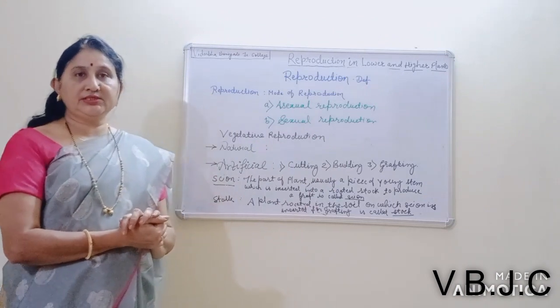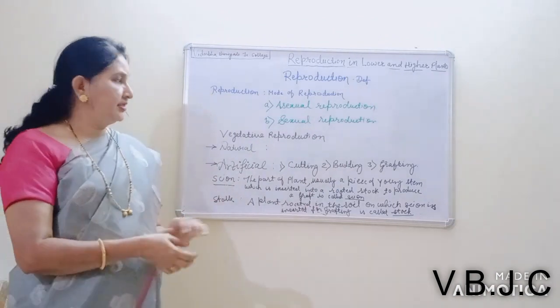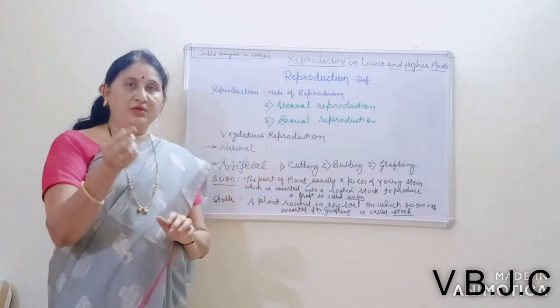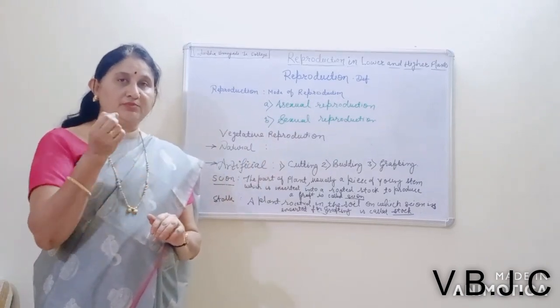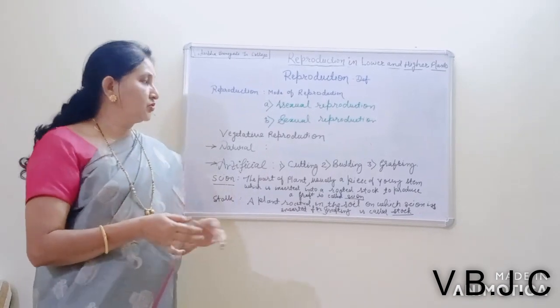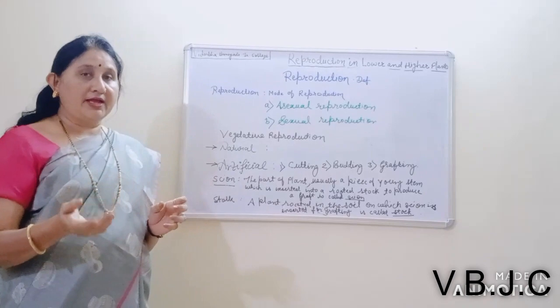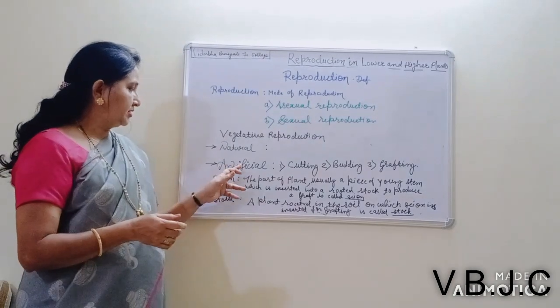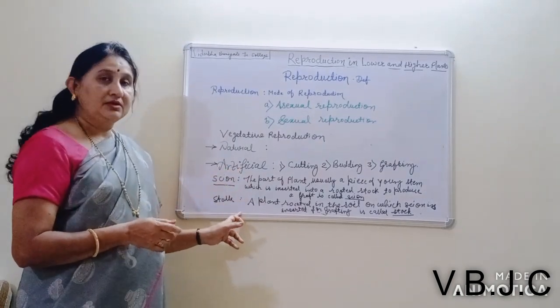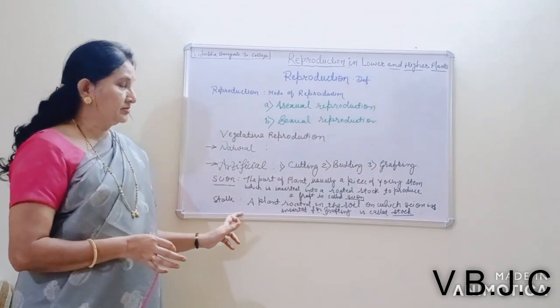This is also known as micropropagation. From a small piece of tissue, many plants can be produced, so this method is mostly used by agriculturists. So this is about artificial vegetative propagation.